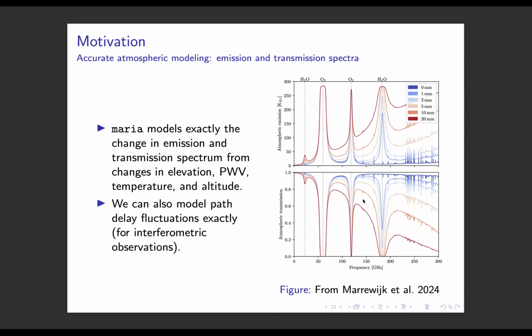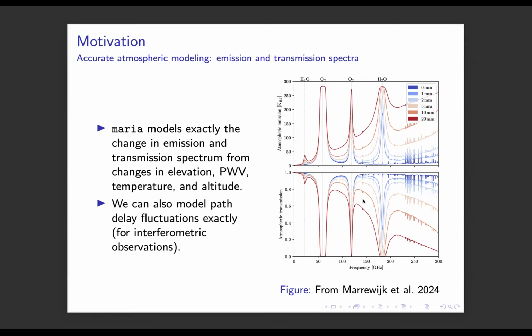It does everything explicitly to make sure that it's correct. And so as elevation changes, as PWV changes, as temperature changes, and as the altitude of the site changes, the spectrum changes in unpredictable ways. And so we just explicitly compute them, but using some clever interpolation, so you're not actually having to compute it every time. We also model path delay fluctuations exactly.